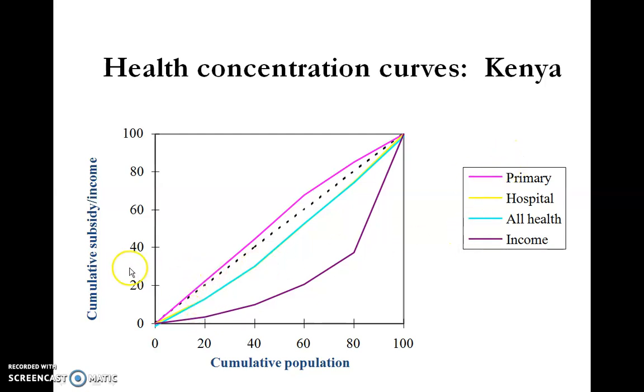So they are getting more than their cumulative share of the population in subsidy terms for primary care. Okay? So with hospital and all healthcare, yes, it was more than the income they received, but it wasn't more than their share of the population. So it was redistributive, but not per capita redistributive. These lie under the line of equality.